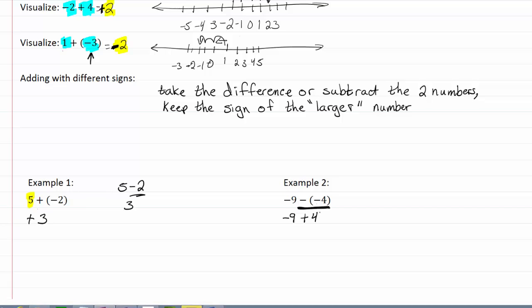So now what we've done is we've actually simplified this problem. We have a negative 9 plus 4. We have opposite signs, so we're going to take the difference between the two, which would give us 5. Our larger number is negative, so that means our answer is negative, and we get a negative 5 for our answer.